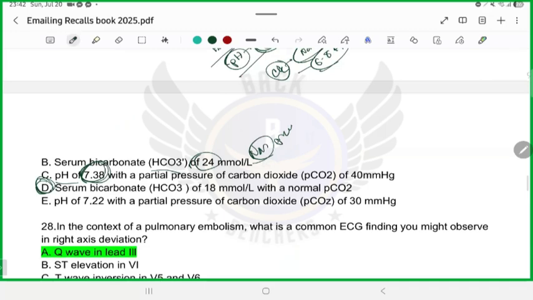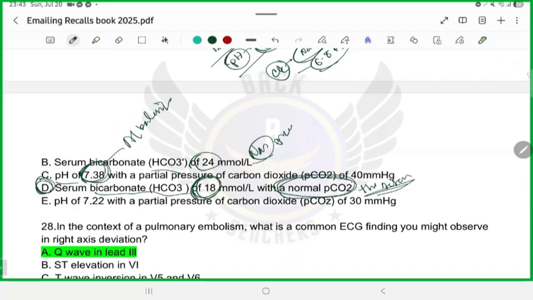So 7.38, no. Serum bicarbonate 18 makes sense, and normal PCO2, yes, that will be our first choice.